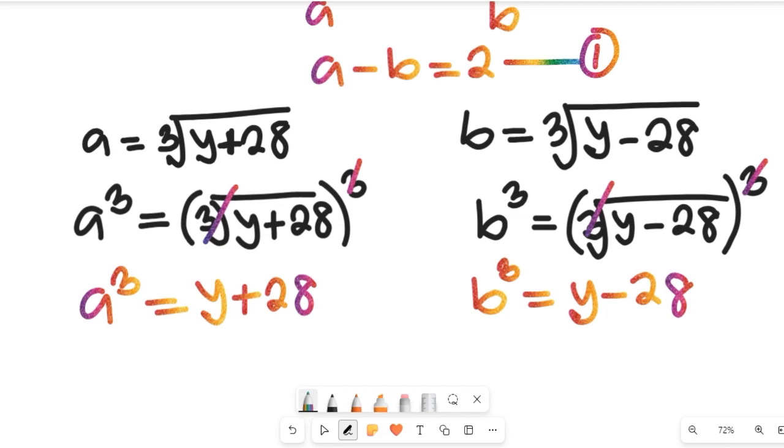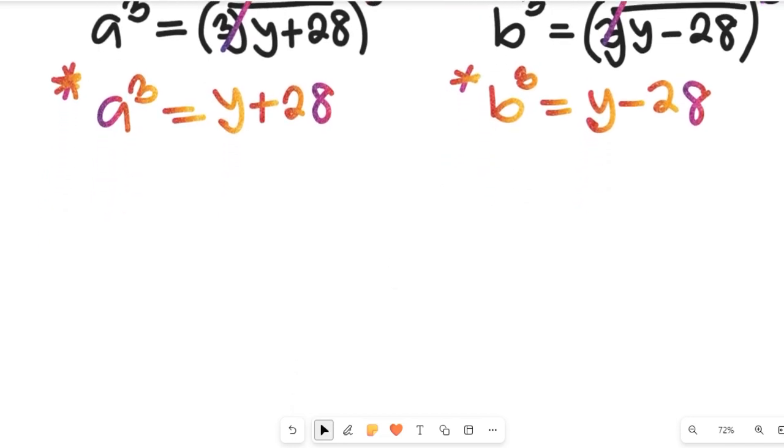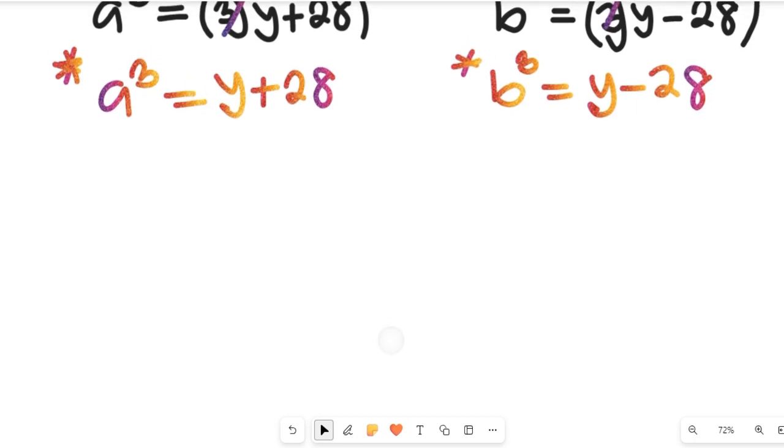Now take good note of these two expressions. We're going to use them as the solution unfolds. Having borne this in mind, I want to do the subtraction of a to the power of 3 and b to the power of 3.